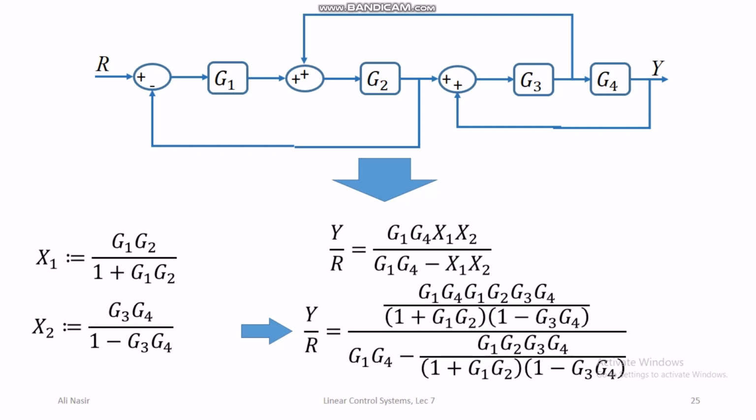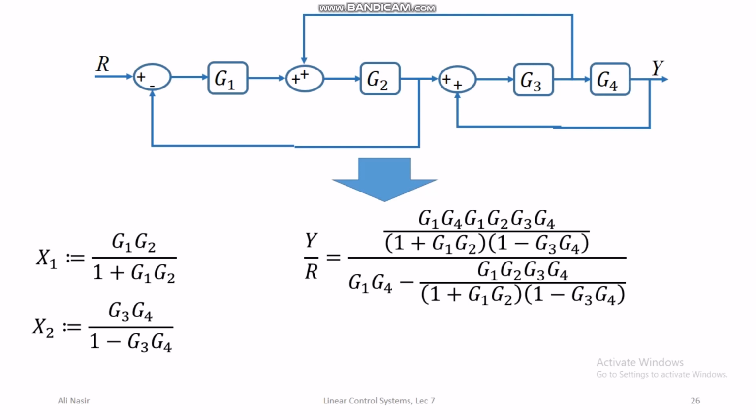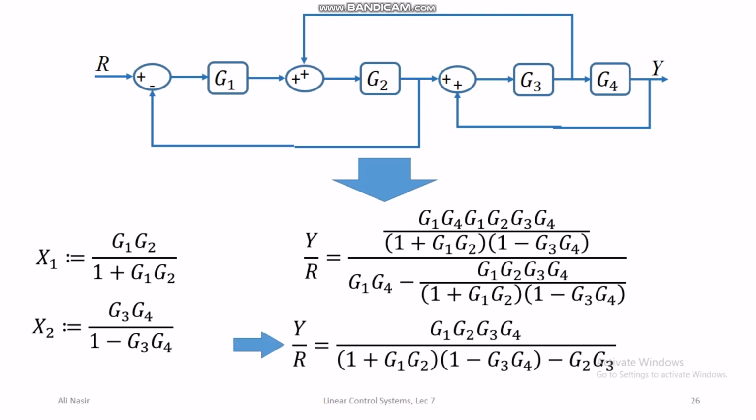And if we take the LCM in the denominator, the LCM will cancel out with the term in the numerator, as was the case in the previous examples. So this equation will simplify to y over r equals g1 g2 g3 g4 divided by 1 plus g1 g2 times 1 minus g3 g4 minus g2 g3.